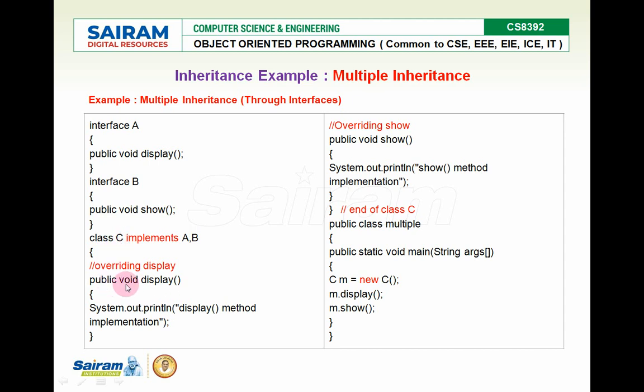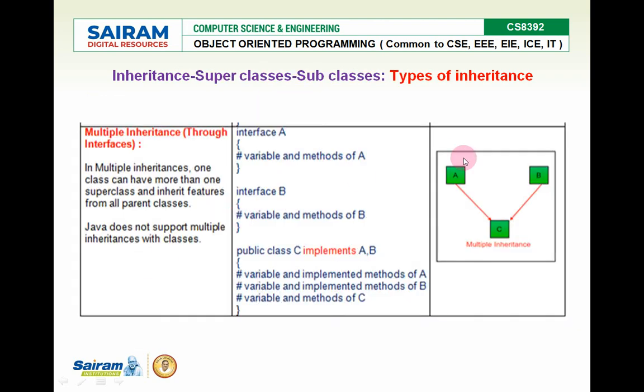Public void display is overriding, or implementing, the display method of interface A. And over here, the public void show method is implemented, overriding the show method which belongs to interface B. So the two methods, display and show, are implemented in class C. These interface A and interface B are implemented in class C. See the diagram: interface A and interface B are inherited, and methods of interface A and methods of interface B will be implemented in class C.